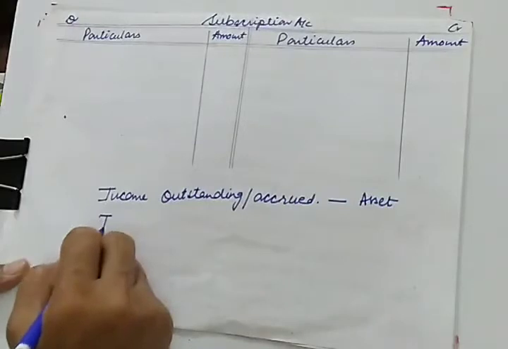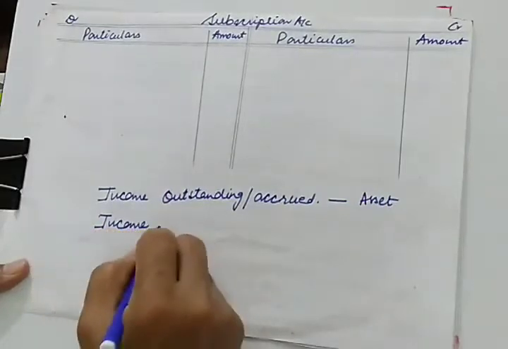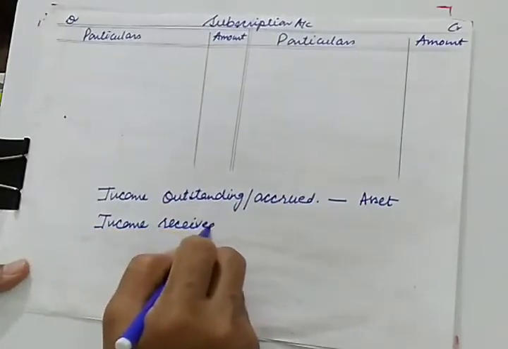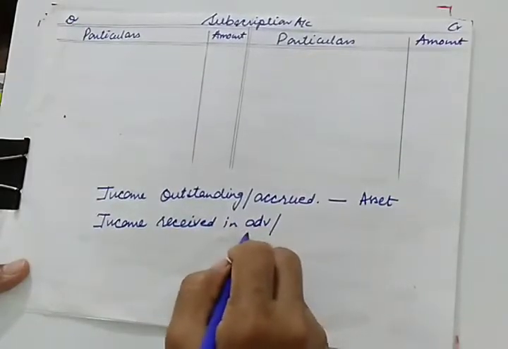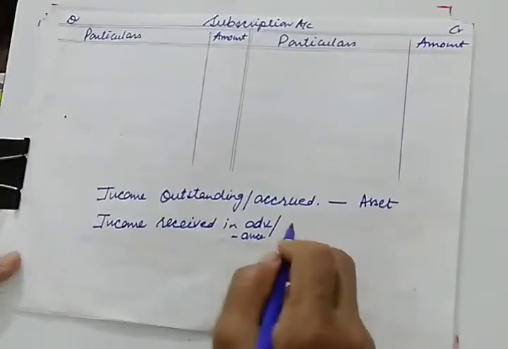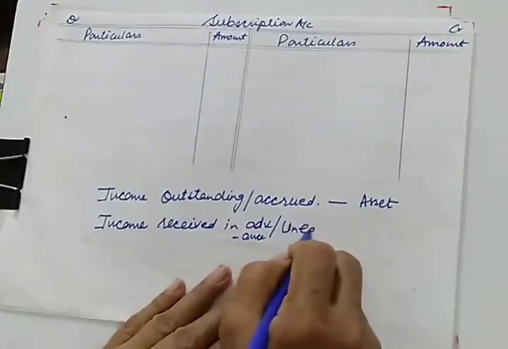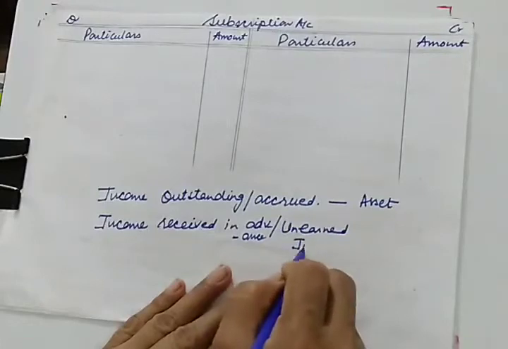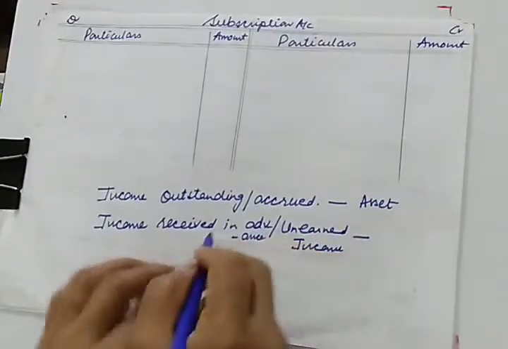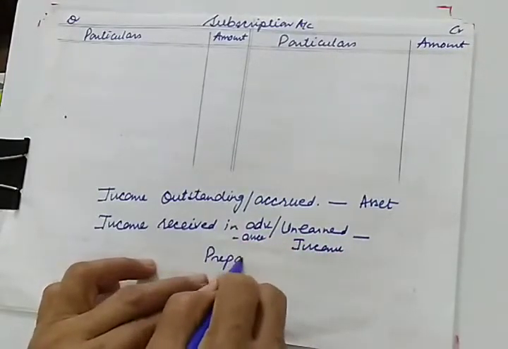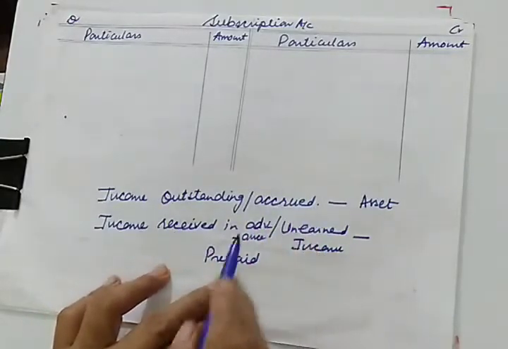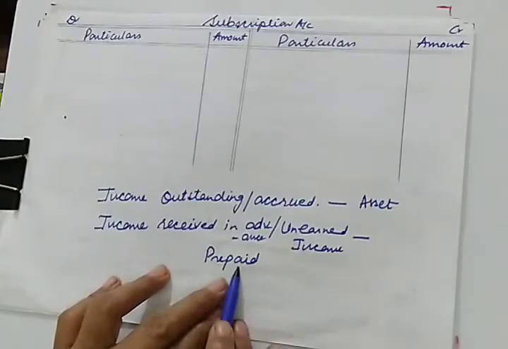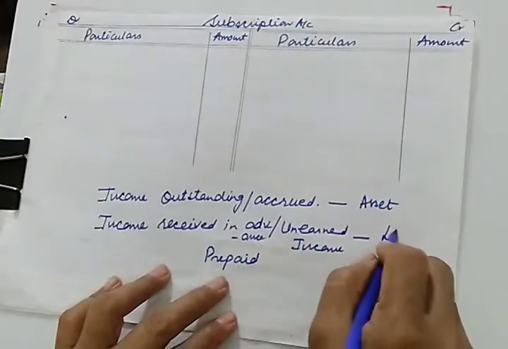And likewise, if income is received in advance, or commonly known as unearned income, or what is the other name? Prepaid income. Though we need to write pre-received, here in most of the questions you will find that for income we are given prepaid. So this is our liability.